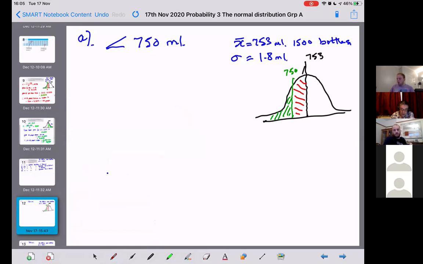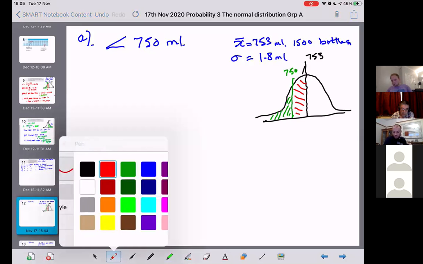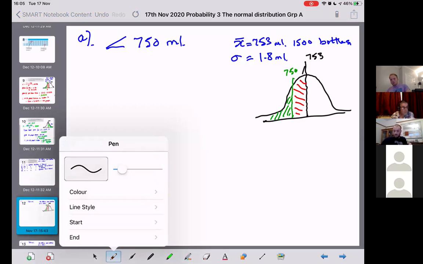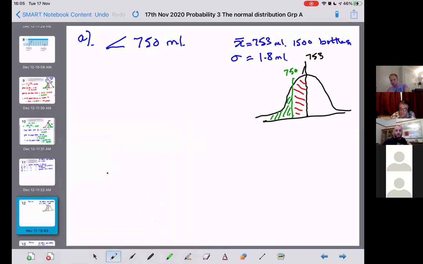So what answers have we got for this question? How many bottles? The actual answer? I got 71. Anyone else get 71? I got 72.